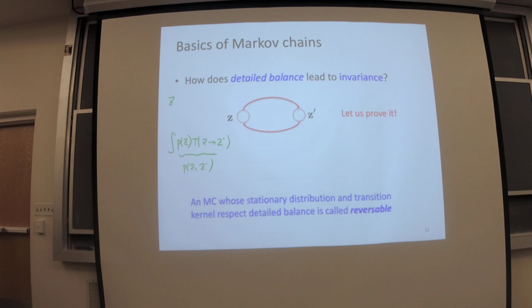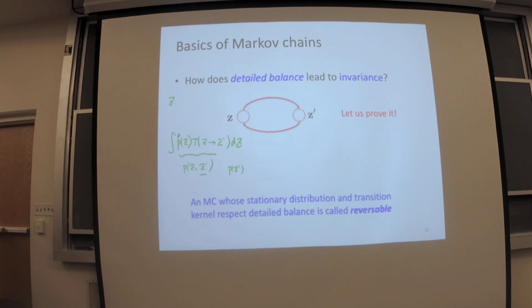Now I want to check the marginal probability of z prime. That means I have to marginalize out z, so I have to do the integration here. Let me denote the distribution I want to check by p star.